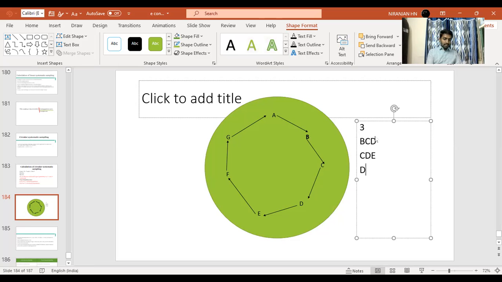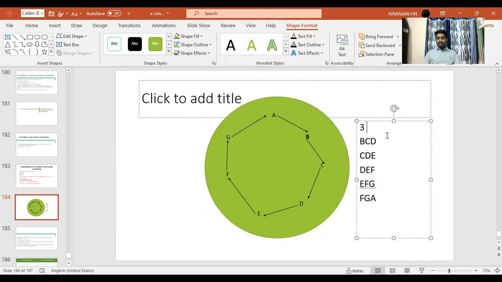Then I'll have DEF. Then I'll have EFG. Then I'll have FGA. So this is how it flows if it is my third individual.